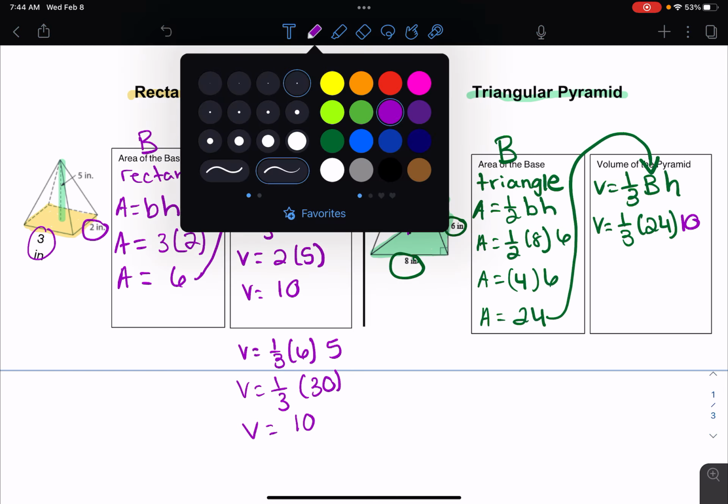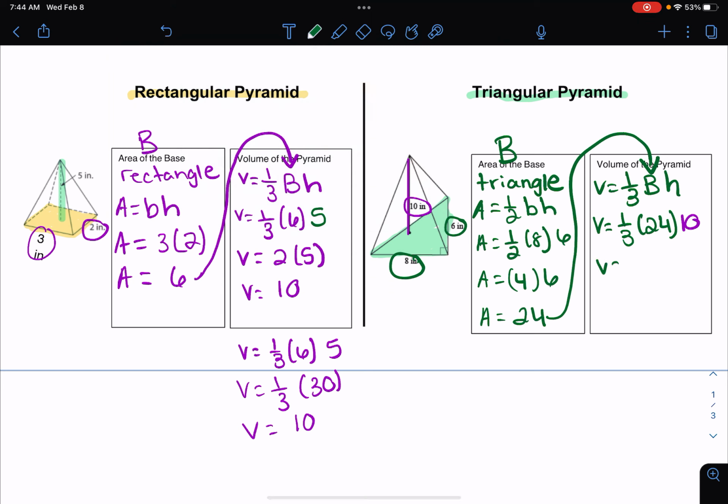You're going to go ahead and solve. V equals 1/3 of 24, so 24 divided by 3. Or what number times 3 gives you 24? 8 is correct. So 8 times 10, V equals 80.